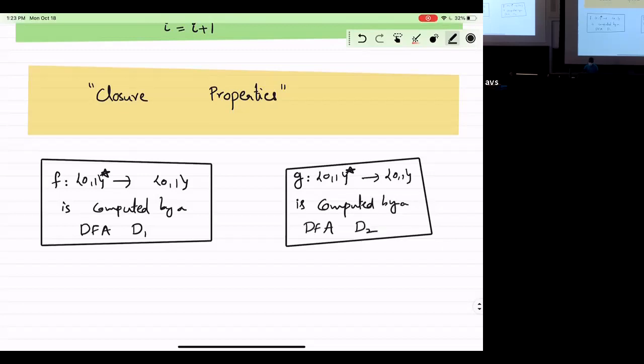Now you can ask, maybe certain things are defined by combining f and g. Imagine you're trying to build a filter. You first check if the first and last bit are the same. Maybe you also want to check whether there are two consecutive bits which are the same.